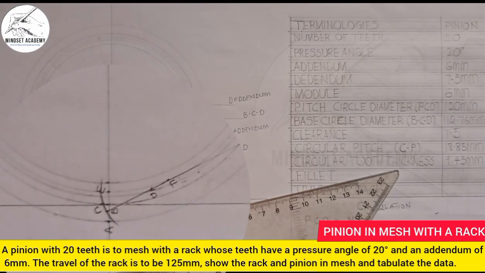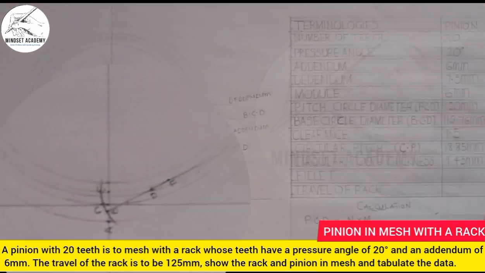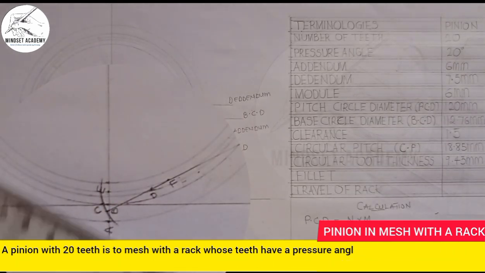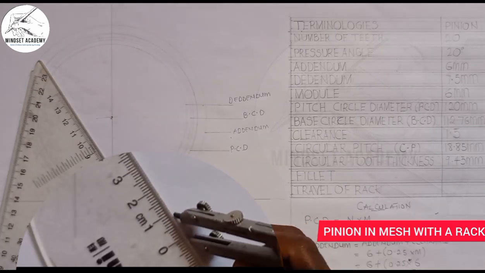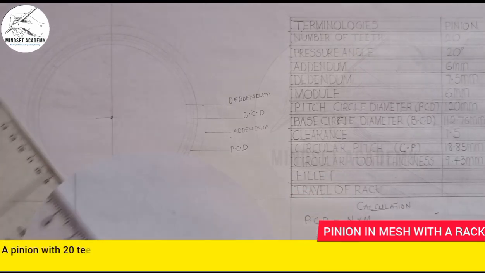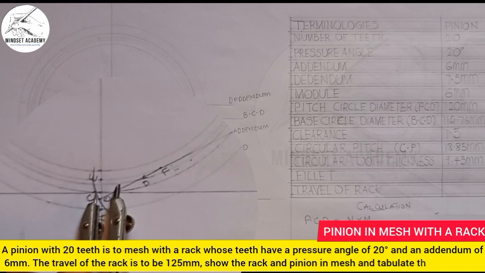From that point C, I will now take the circular tooth thickness, which is 9.43, and mark it round. Every 2 points makes 1 tooth. So I'll measure from 0 to 9.43 and place it from this point. If I place it at C, I'll mark again on this point.